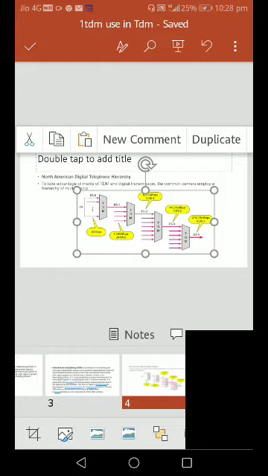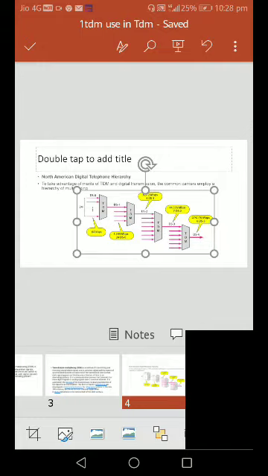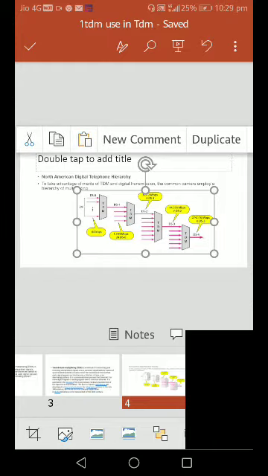The output data rate is 64 into 24, that is 1.544 megabits per second. The bandwidth is equal to 1.544 megabits per second. That is the output of DS0 with 24 inputs, 24 into DS0, which is the output of this first mux.